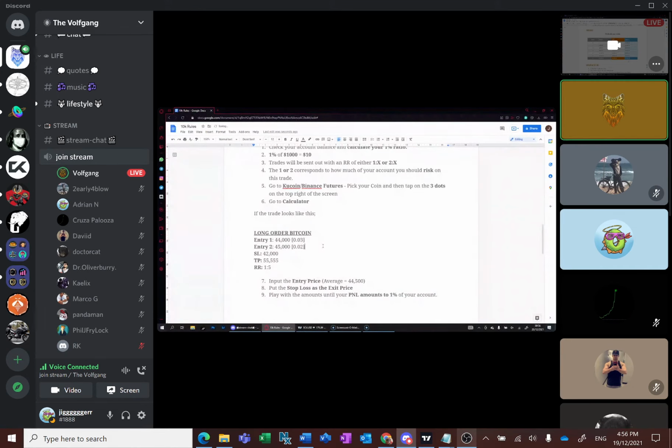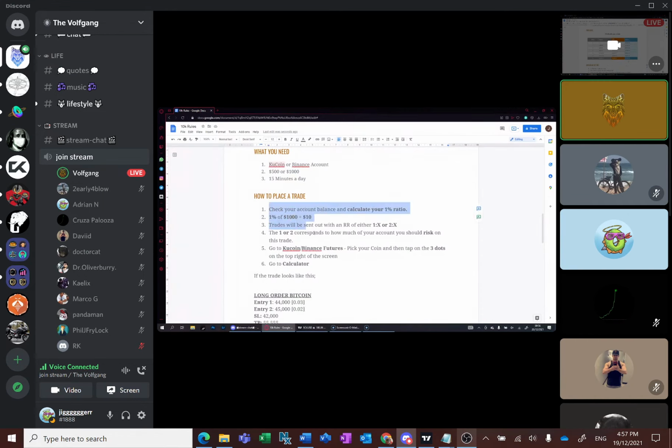So okay, if on a $1,000 account, at this entry you would buy this much, and at this entry you buy this much. And on a $500 account, at this one you would buy 0.015 and 0.01. So you would half every order amount. So if you're using a $1,000 account or a $500 account, you don't have to do any of this. You don't have to work out your risk ratio.